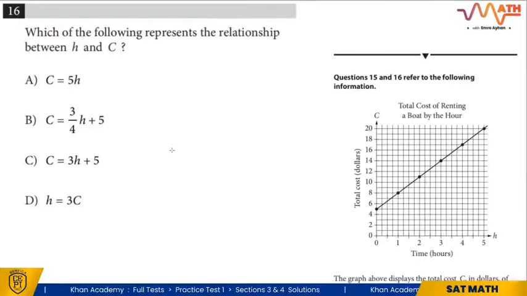16. Which of the following represents the relationship between H and C? Between H and C. So here we can use different formulas.